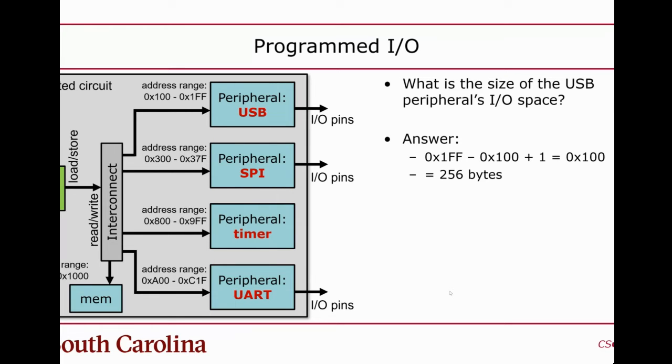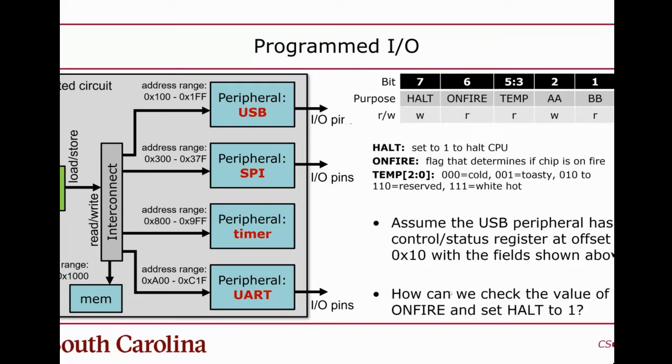If you want to know the total address space used by that peripheral, you can subtract the two values, 1FF minus 100, which gives you 0FF, and then you want to add 1 to that because the addresses are inclusive. So make sure you're clear with that.